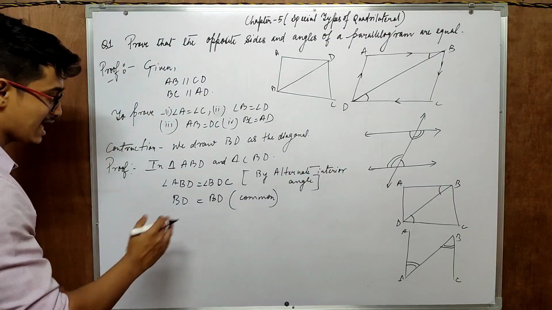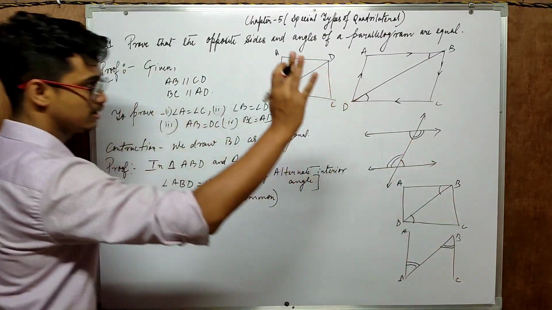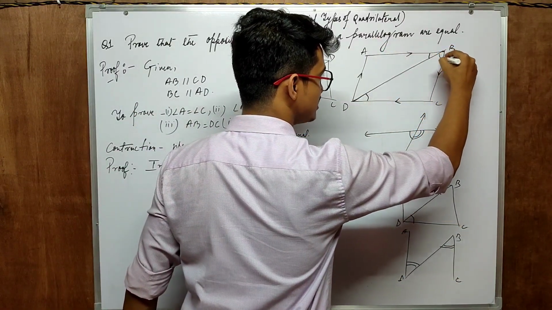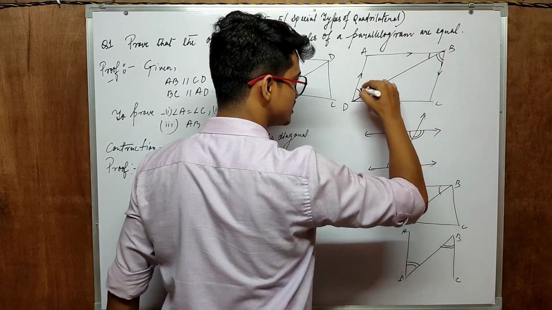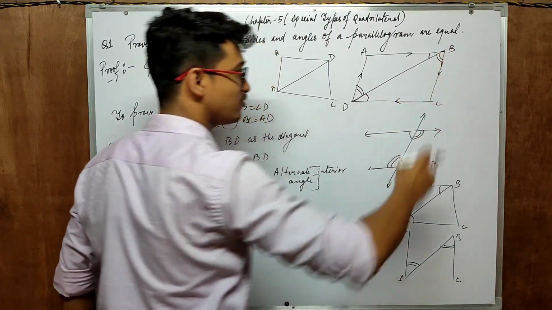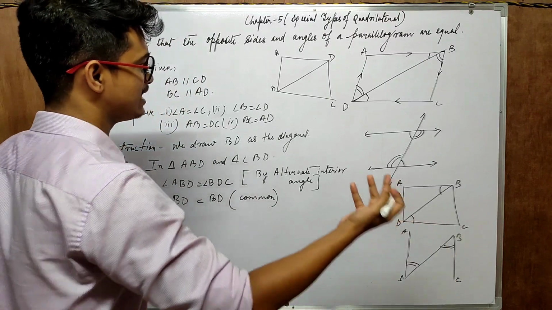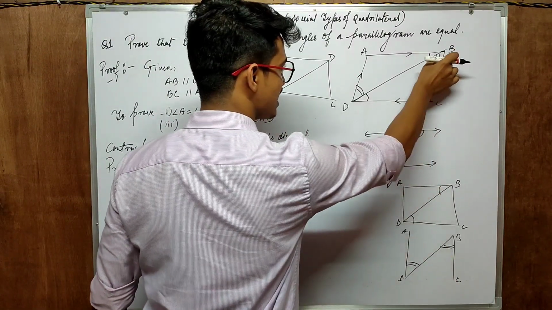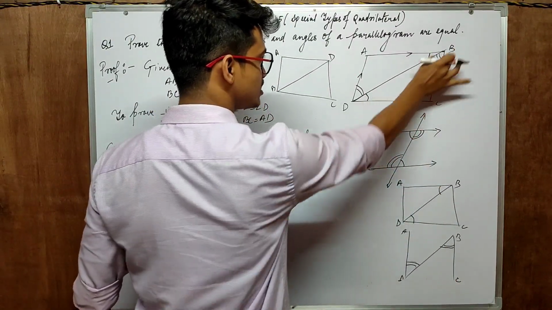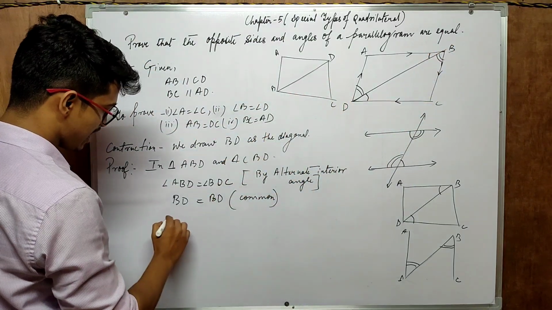So now, last but not the least, in this case, observe it carefully. This gap is equal to this gap. So this gap is creating by which two lines? Now it is very easy. DBC. This gap is creating by these two lines. So that means angle DBC.